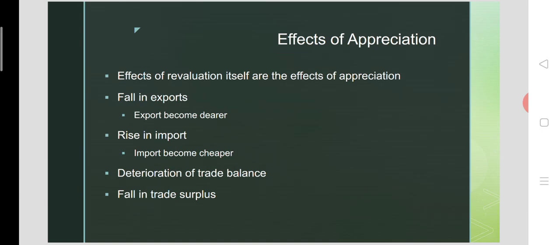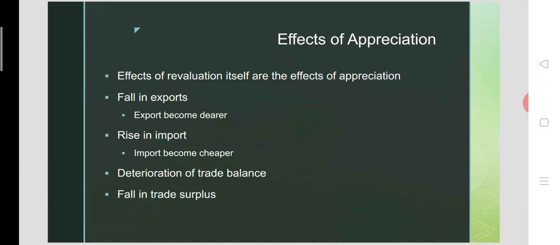So that means import will increase as currency's value has increased. Then that means finally the trade balance of the country will be deteriorated, or the trade surplus will be wiped out, or it will come down as the currency's value has increased.